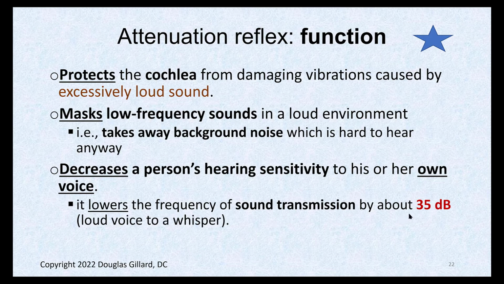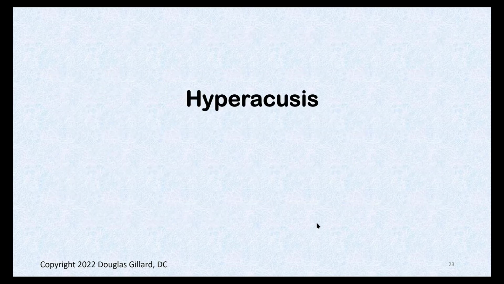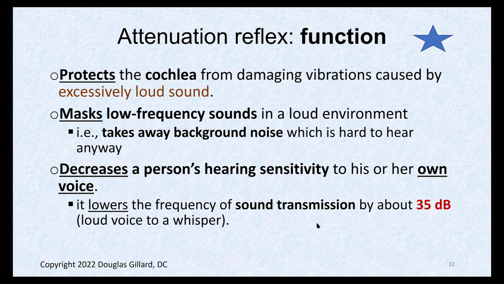It lowers about 35 decibels when I'm lecturing right now. This is going on inside my auditory ossicles right now. I didn't put this on, but it should. I'm sure they talked about this in physiology. This attenuation reflex is quick, but it's not that quick.